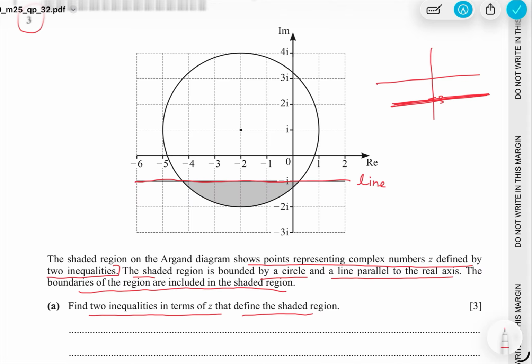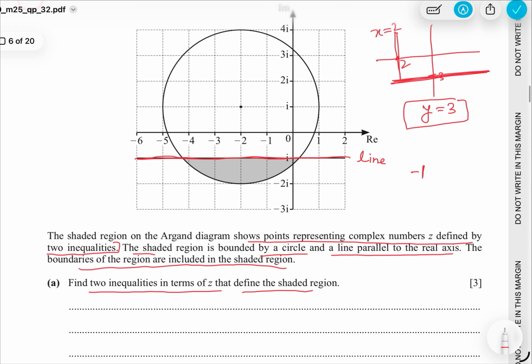The equation of this line is, sir, y equals to 3. Yes or no? If I draw a line like this at 2, what is the equation of this line? The equation of this line is x equals to 2. You should know this. Okay? So, this is a line at negative i, that is negative 1.